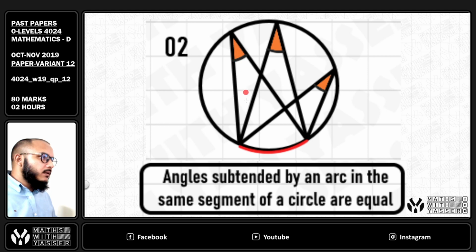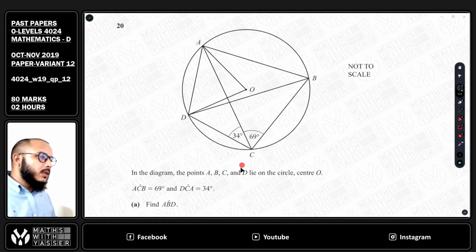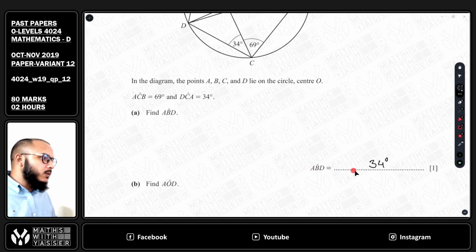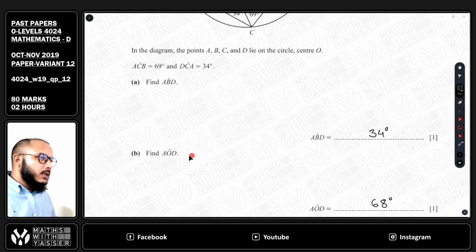So as you can see, this angle or this angle or this angle, they're all subtended by the same arc. In that case, these angles will be equal. So angle ABD and angle ACD are subtended by the same arc AD. Therefore, ABD will also be 34 degrees.